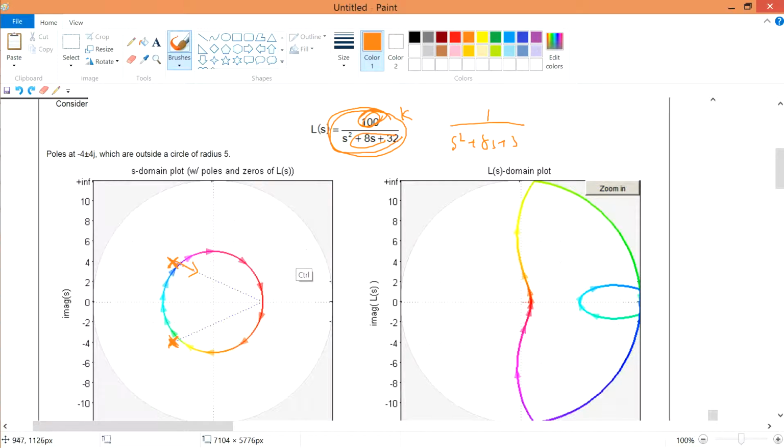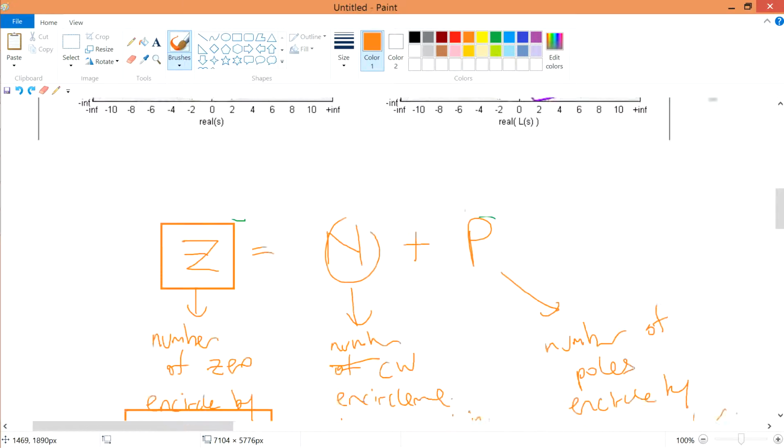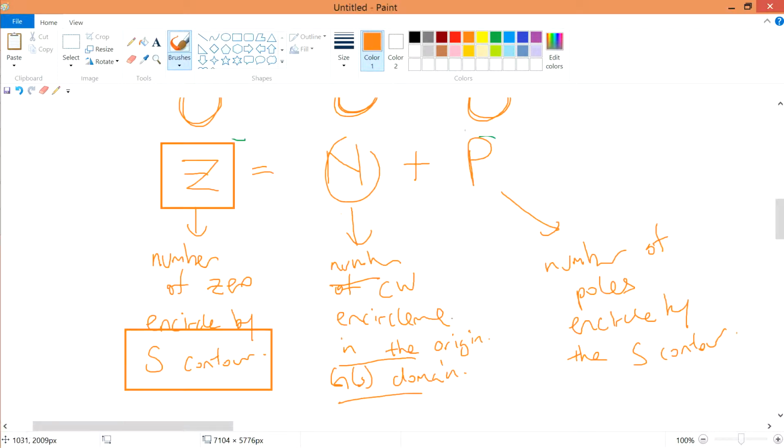Since they are not inside, and there are no zeros, then we can go by the law stating that there is no zero, right? And there are no poles within there, correct? Since there is no zero encircled in the S contour and no poles encircled in the S contour, this means that there is no encirclement of the origin.